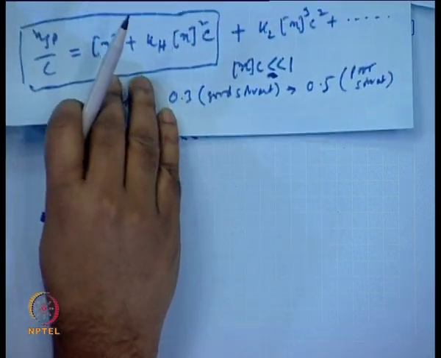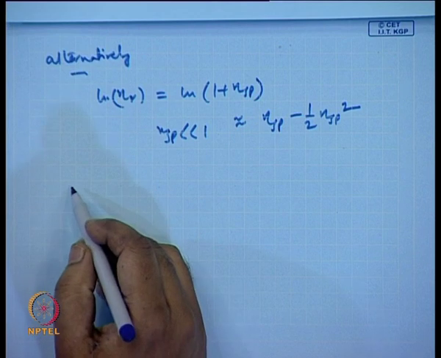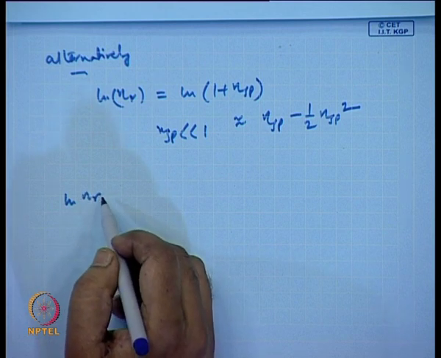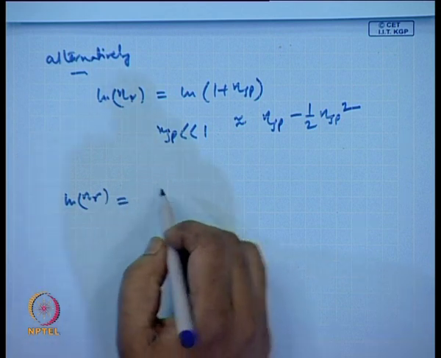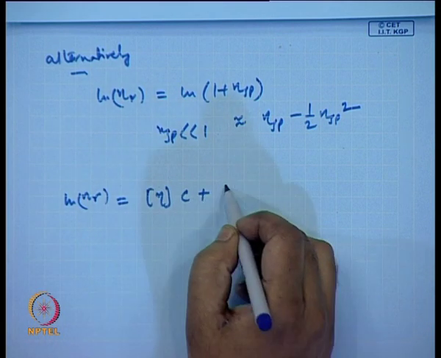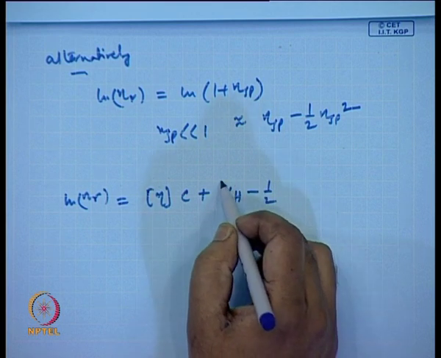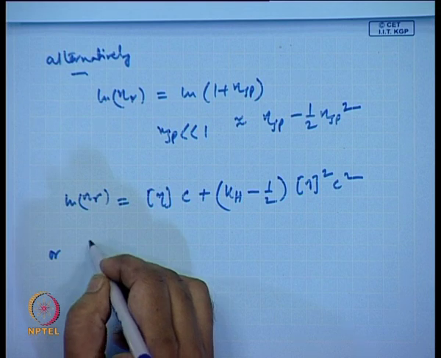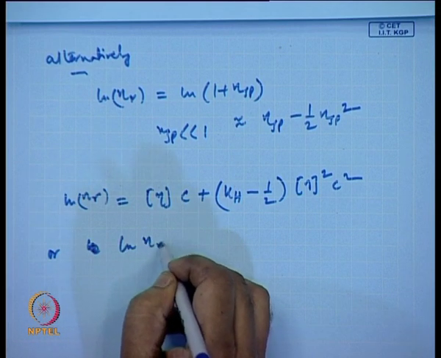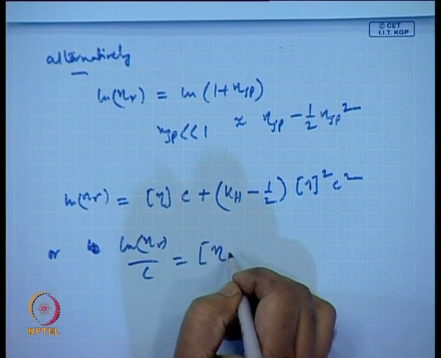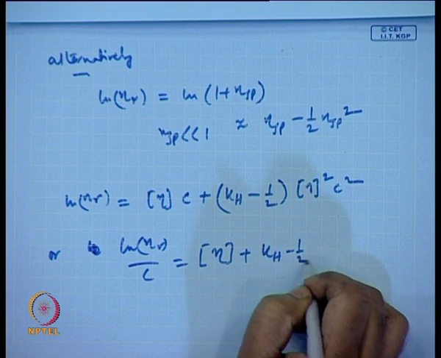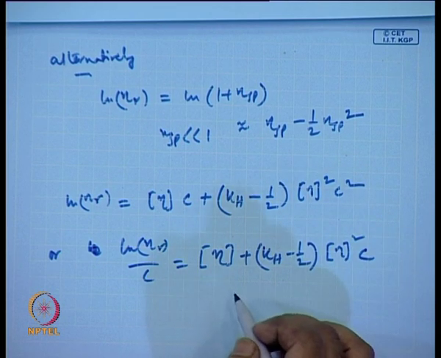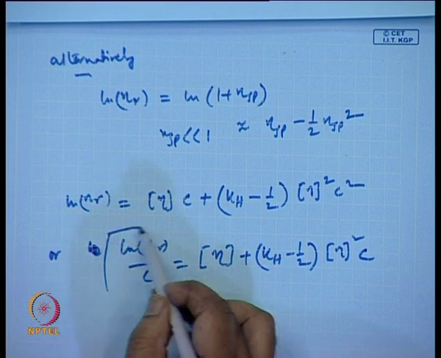So, this Huggins equation can now be written directly as ln eta r by C is equal to intrinsic viscosity plus a constant times C.